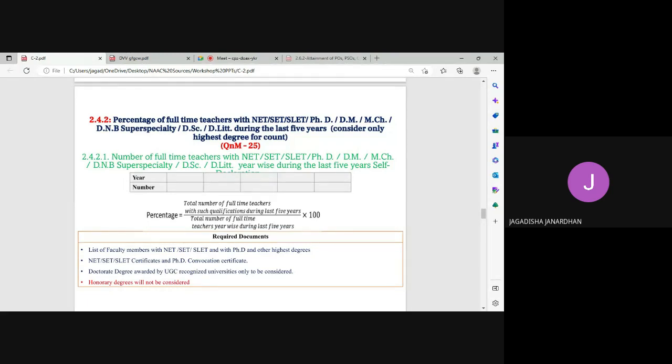So if you have 10 faculties, all 10 faculties, either they have completed PhD or they have qualified with the NET, or if they have qualified with the SET, or if they have completed D.Litt, any higher degree should be considered for this.